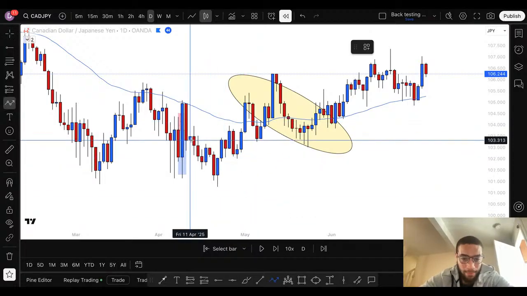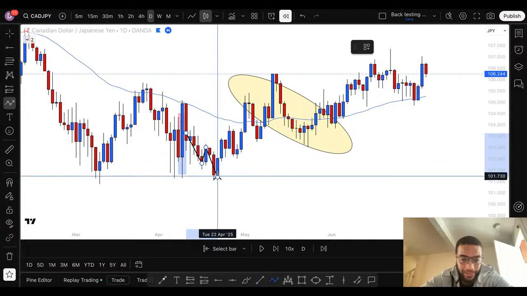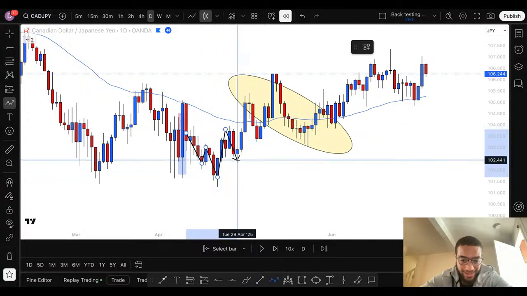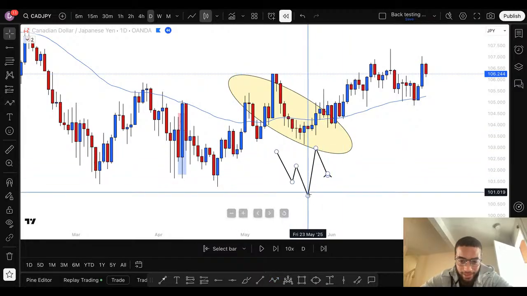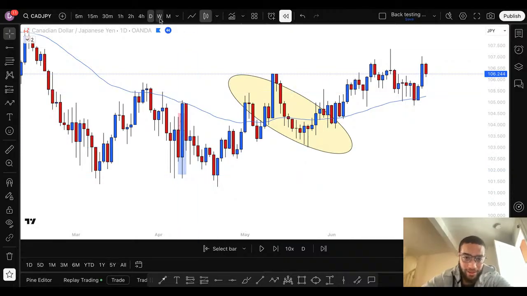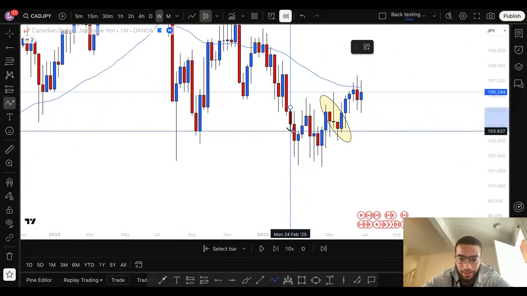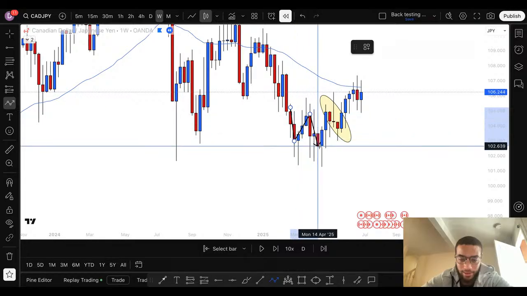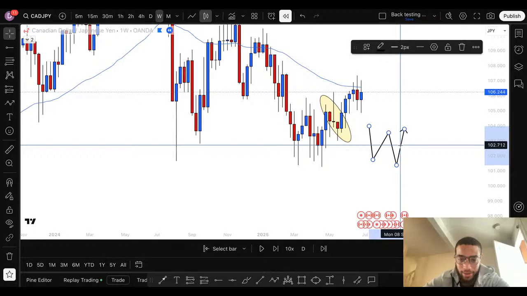Little sidetrack, but it's the same market structure on the daily. If you cannot see, lower low, shift of structure, higher low. We come out to the weekly: lower low, shift of structure, exact same structure.